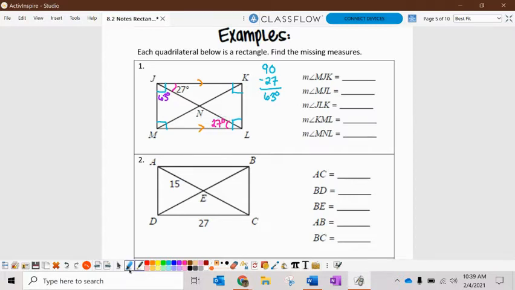And can you see another Z? If we look, we also know that these 2 sides are parallel.